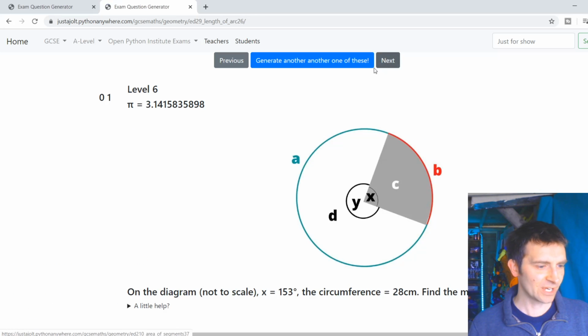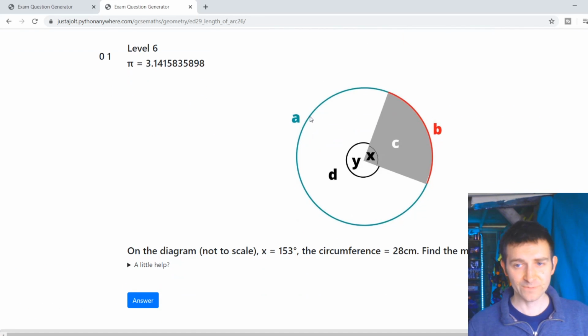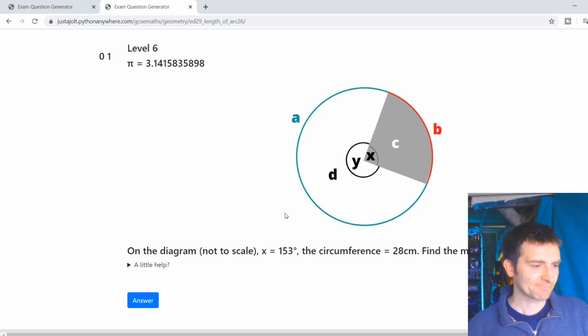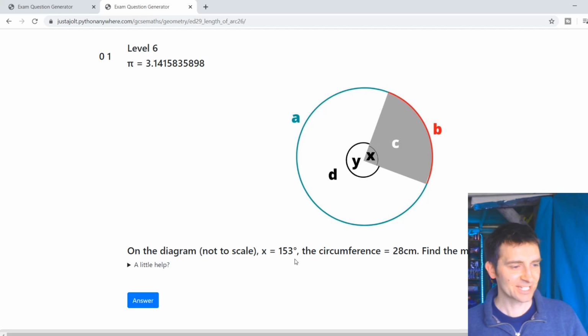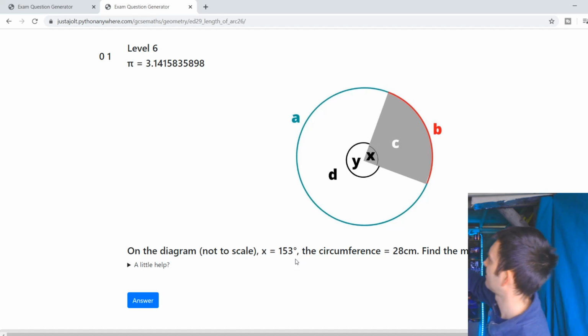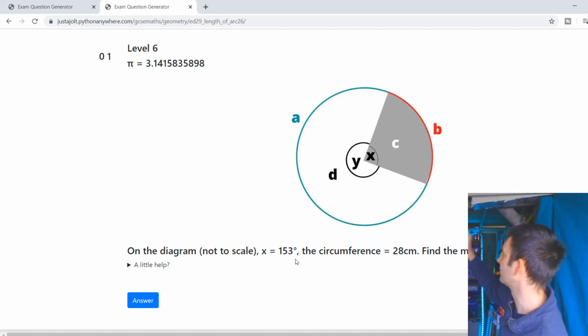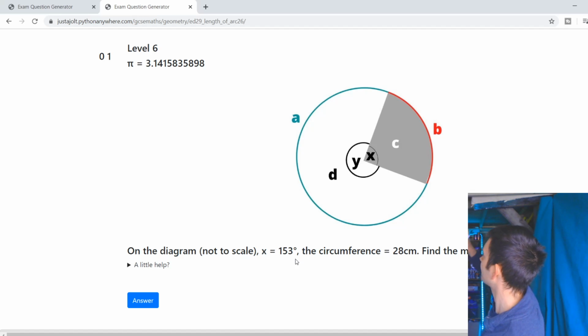We're going to move on to the length of an arc now. So on the diagram, not to scale again, x is 153 degrees. Obviously, that's not to scale. We're just going to swap this out. 153 degrees. And the circumference of the circle, we're not dealing with area anymore, we're dealing with circumference.